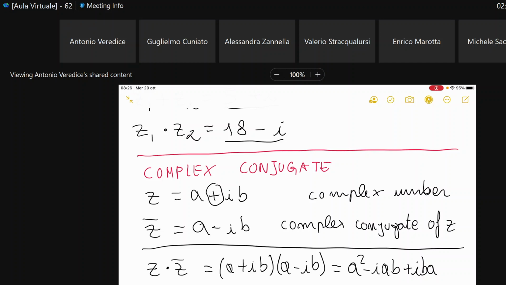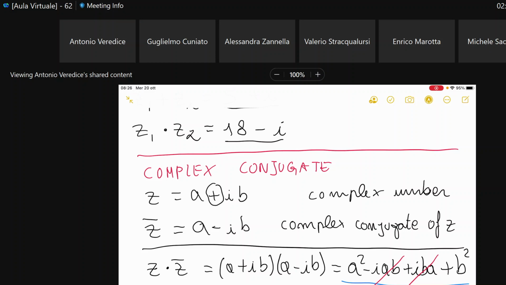Since i squared is -1, minus -1 is plus B squared. Is everyone okay with this computation? A times negative iB is negative iAB, plus iBA. Please notice that negative iAB and plus iBA cancel out.